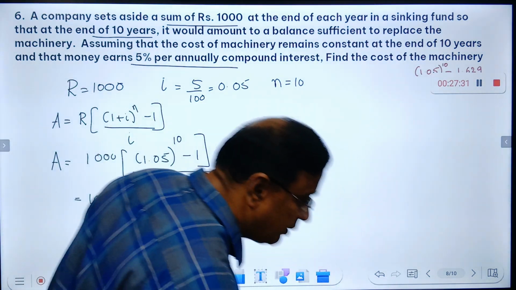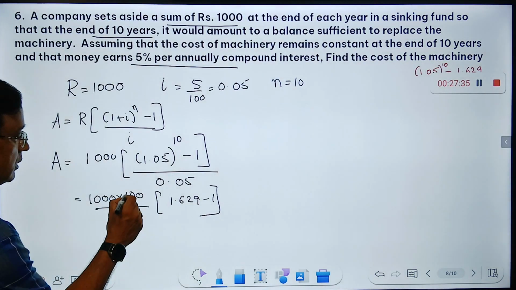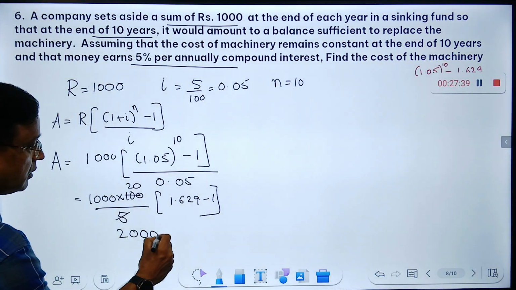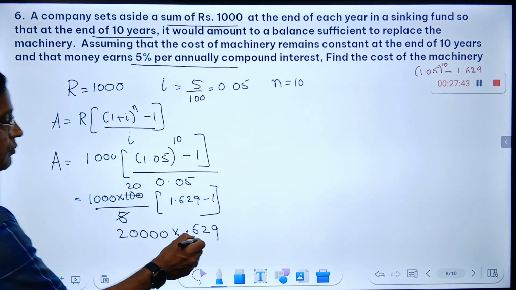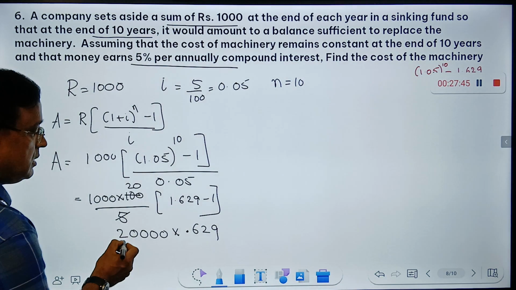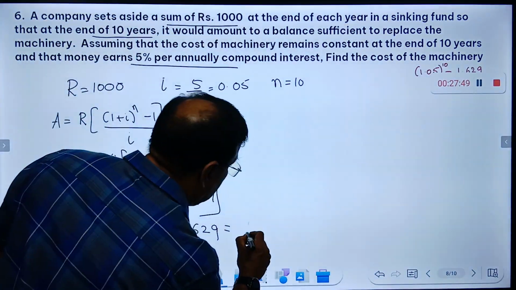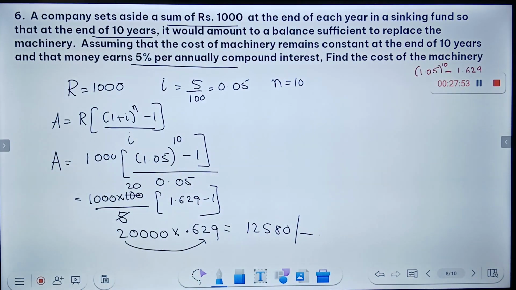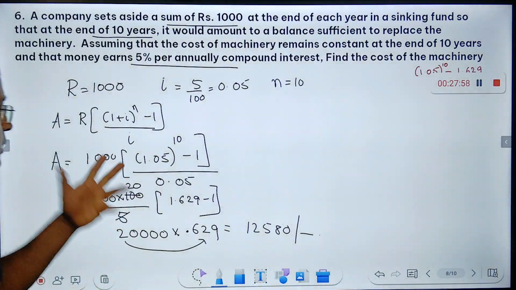If you divide and multiply, this is actually 20, so it is 20,000 into 0.629. There is no great logarithm required, just multiply it by 2 and adjust the answer. So what do you get? 12580. Okay, I hope my multiplication is right. It is 12,580. Yeah, it's perfect.